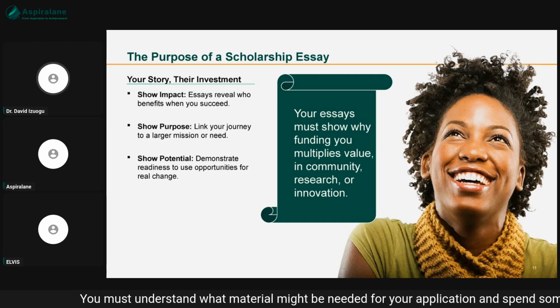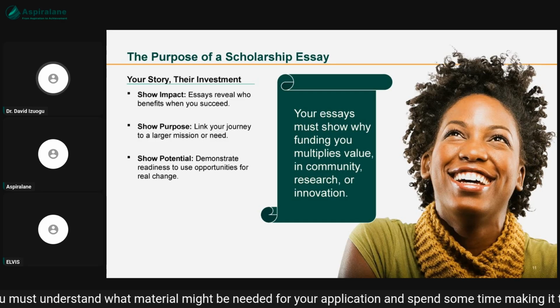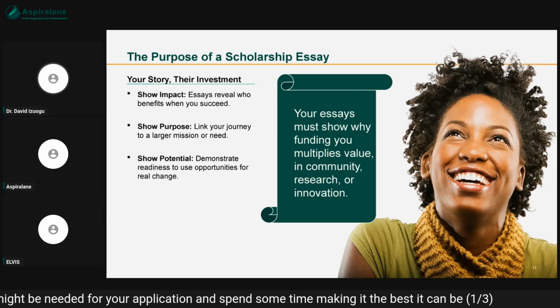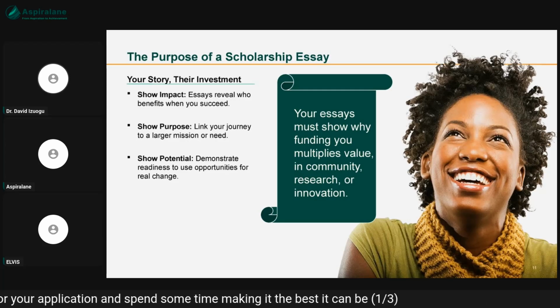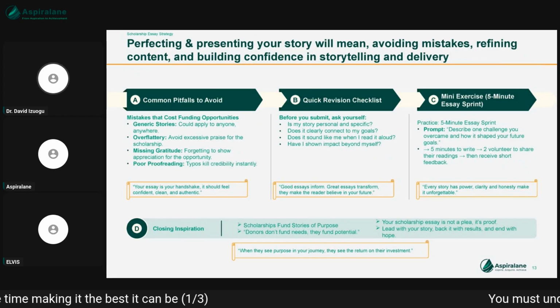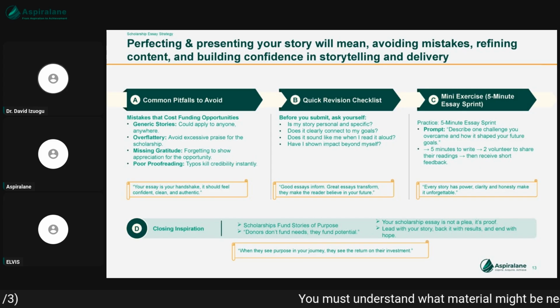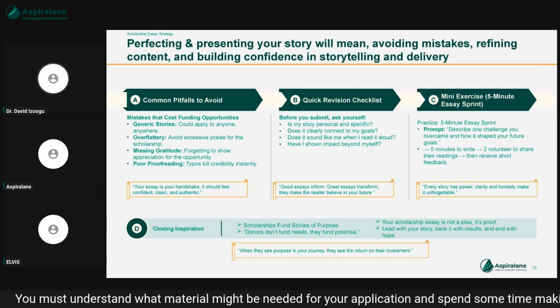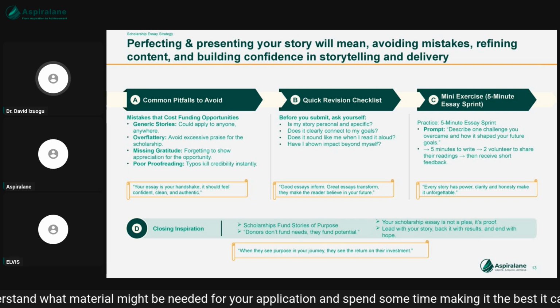From next session, we start with the purpose of a scholarship essay, and then there are quite a couple of slides on the scholarship part and how you can really prepare yourself. Sometimes some schools don't have a different essay you need to write for the scholarship.